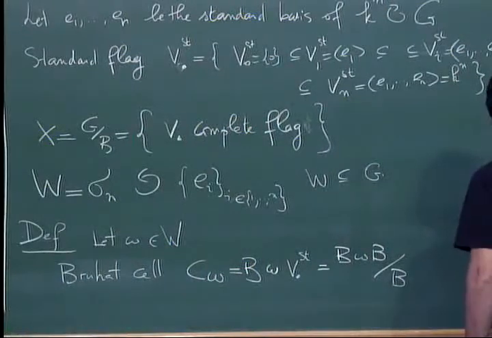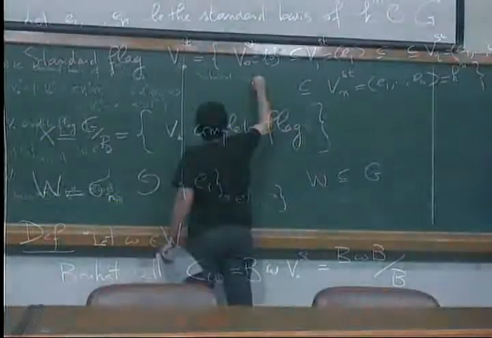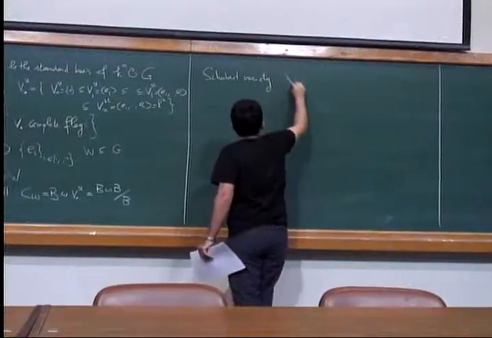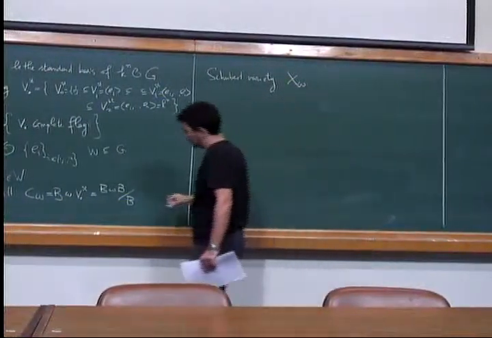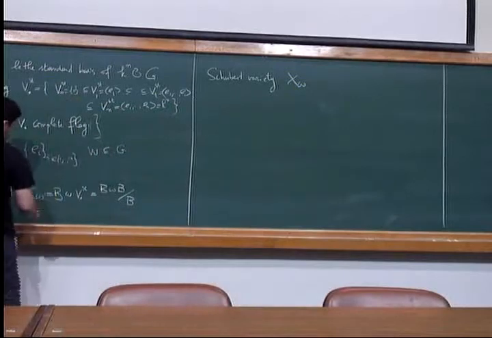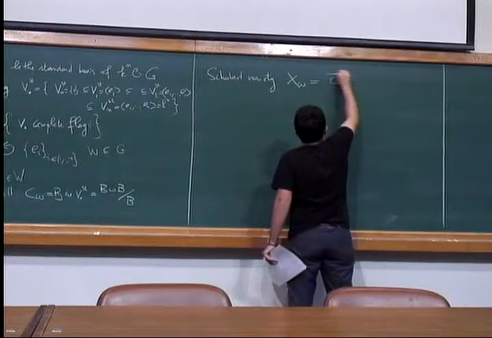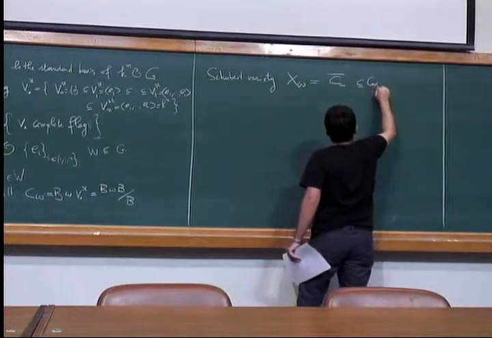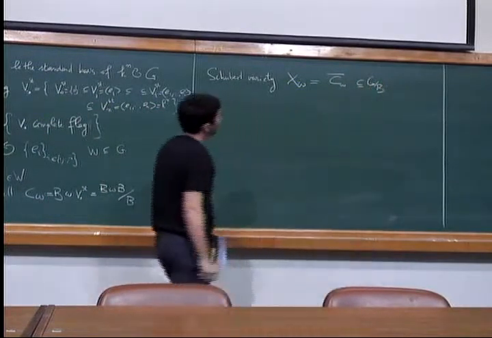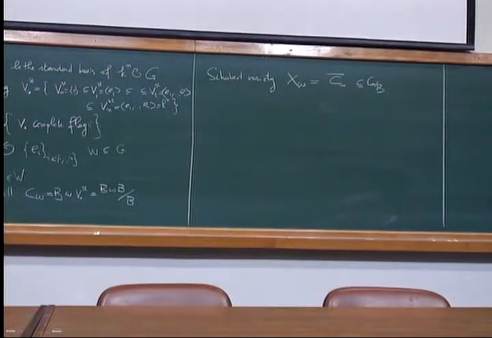And the Schubert variety X_omega, so this is a definition, is the closure of the cell in G/B, that is projective.